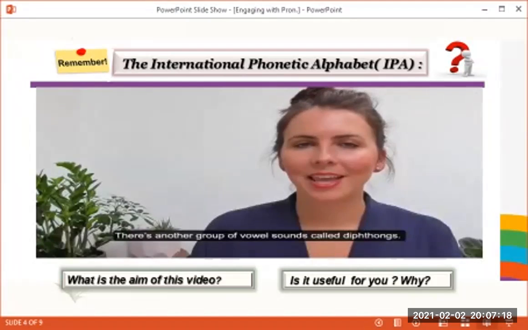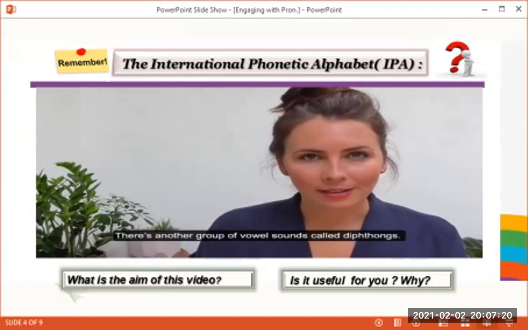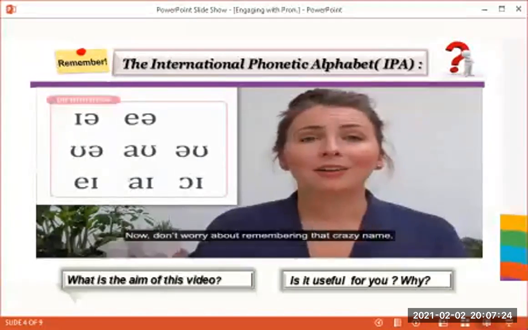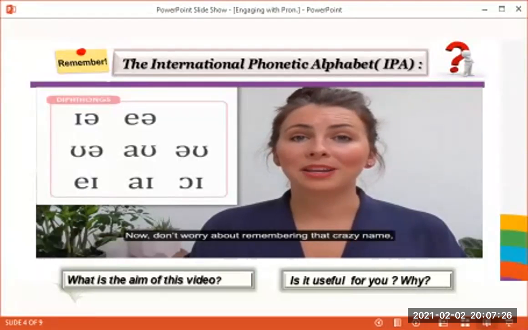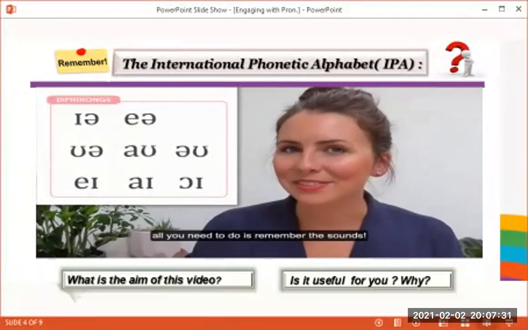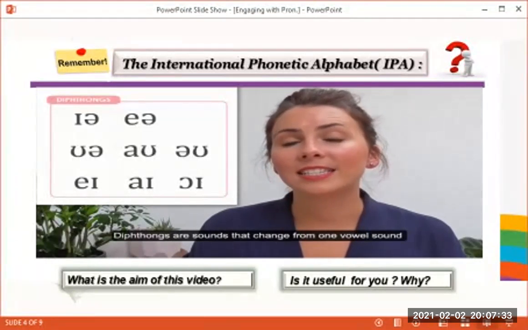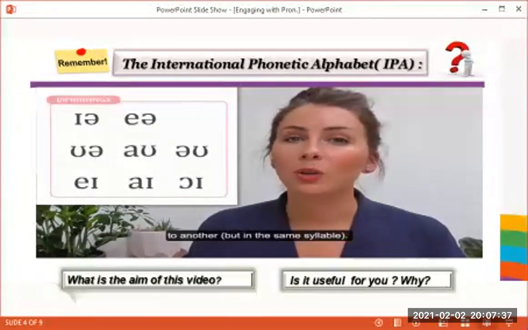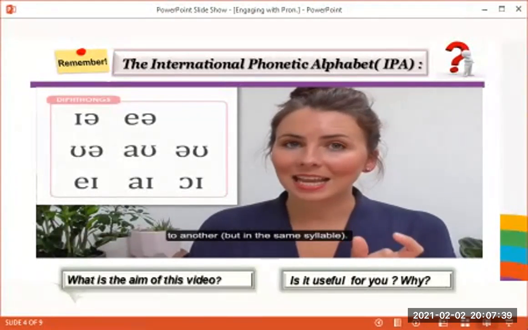There's another group of vowel sounds called diphthongs. Now, don't worry about remembering that crazy name. All you need to do is remember the sounds. Diphthongs are sounds that change from one vowel sound to another, but in the same syllable.